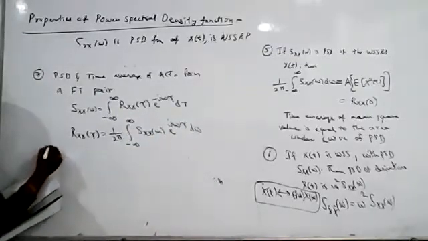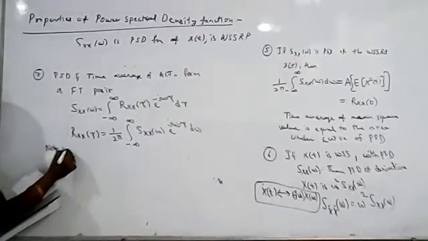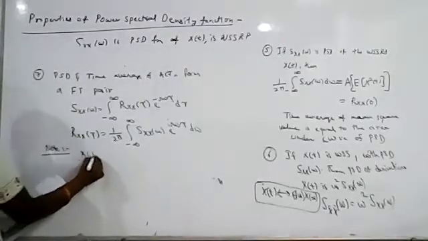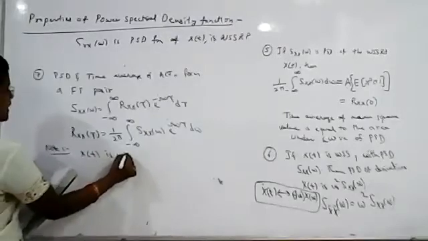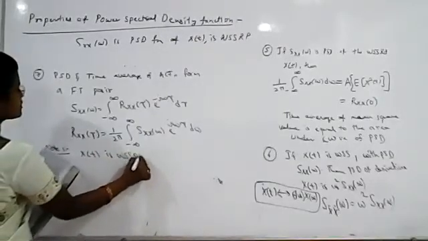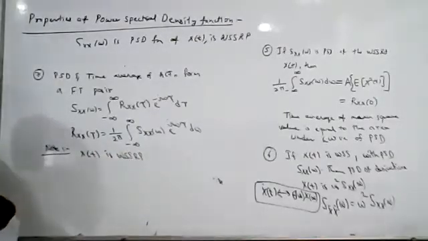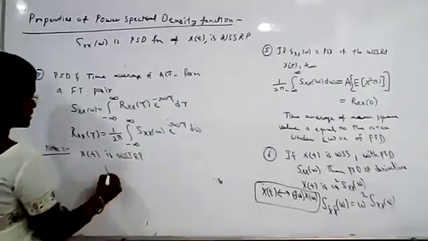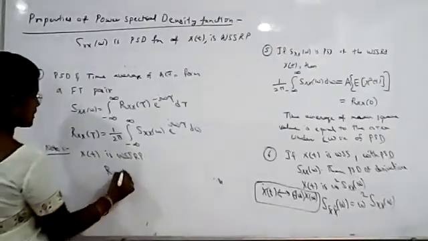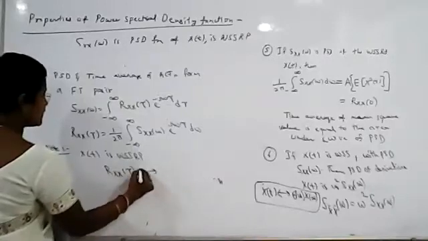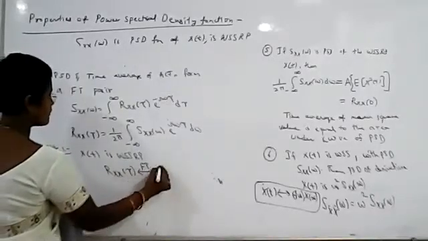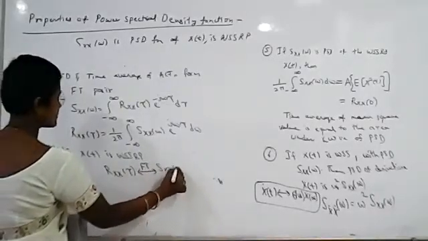Here we will be discussing two notes. Note 1: if x of t is a wide-sense stationary random process, then Rx of tau will be the inverse Fourier transform of Sx of omega.